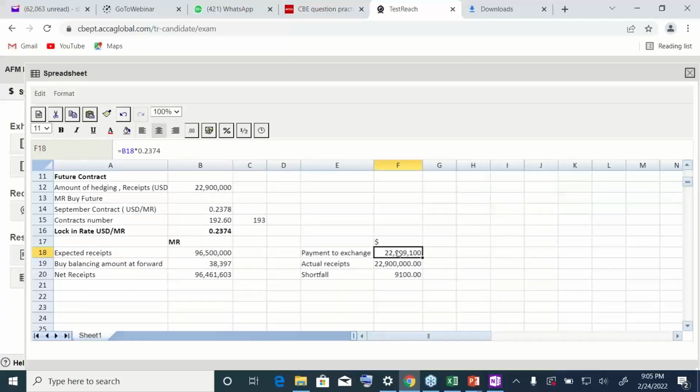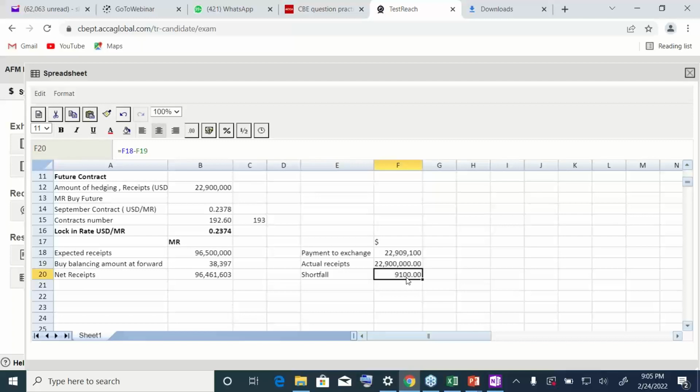At the lock-in rate. So you will be giving 22.909 million to the other party. And from where you will receive that amount? From the foreign customer. So you are receiving 22900, but you have to pay 22909. So you are short of 9100.